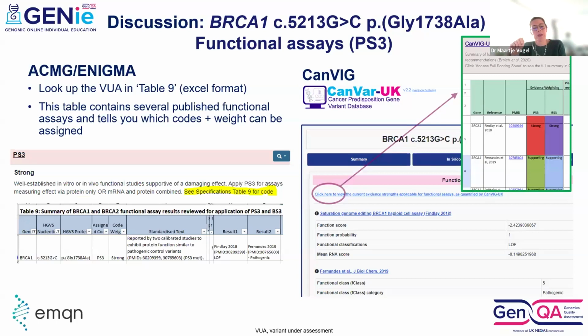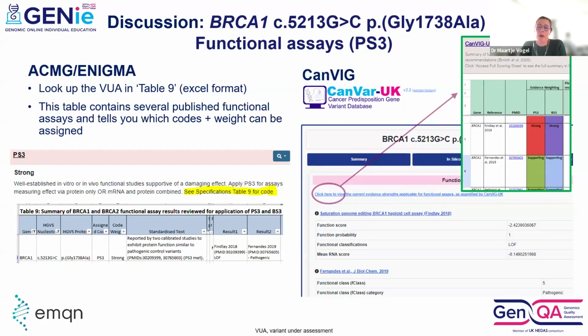And in this table, you can find which code you should use and also which way you should apply. And you can find in this table that for this specific variant, you can use PS3. So a strong piece of evidence. And obviously, you should also have a look at the papers yourself. You can find the PubMed IDs also in this table.